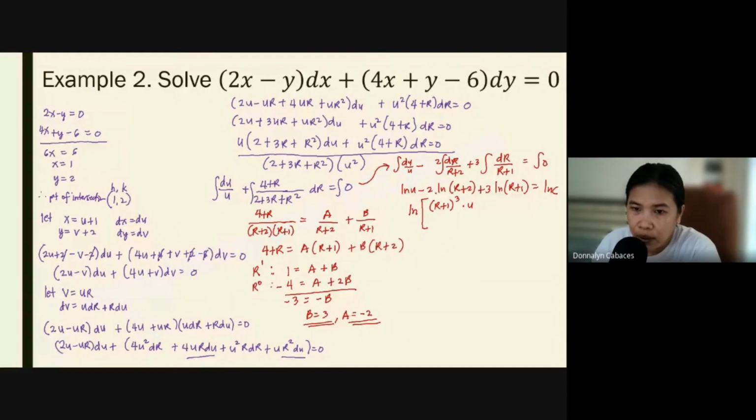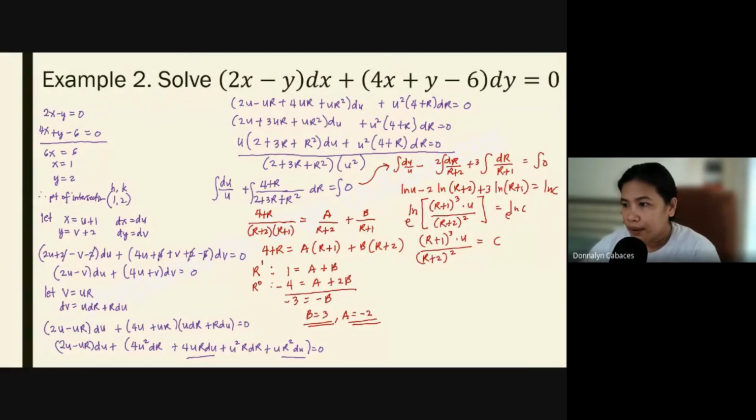And this is r plus 2 squared, negative, so quotient. R plus 2 squared is equal to ln of c. Then we take base e of both sides. And we now have r plus 1 cube times u over r plus 2 squared is equal to c.